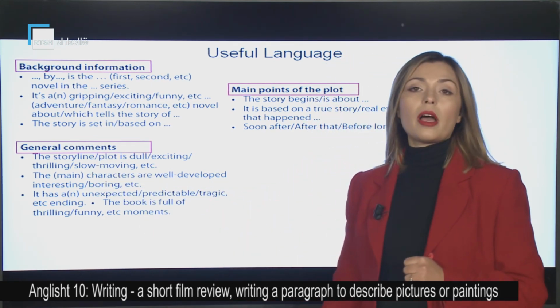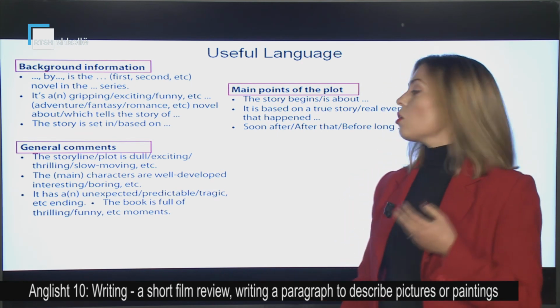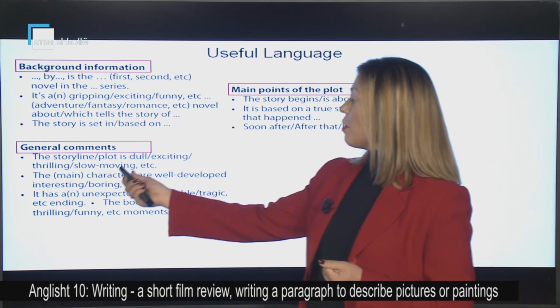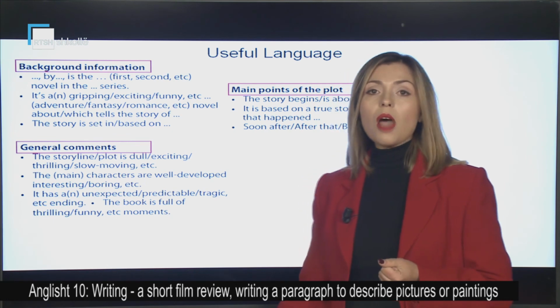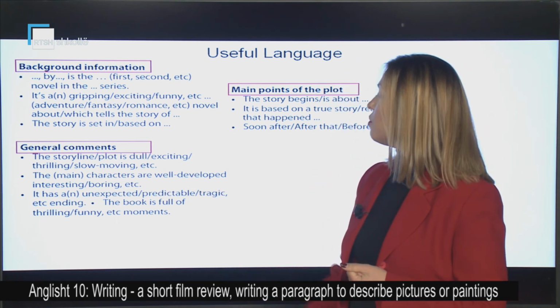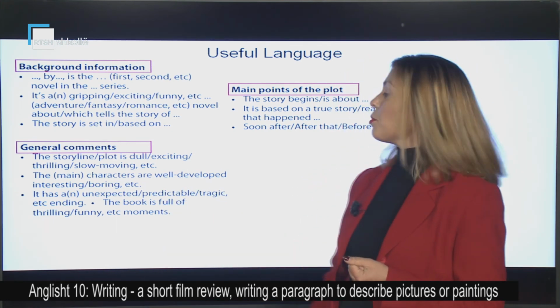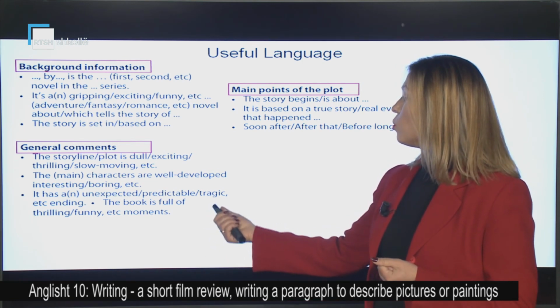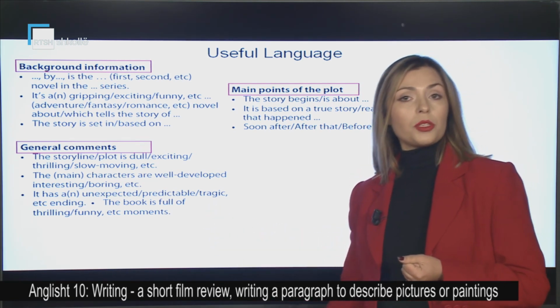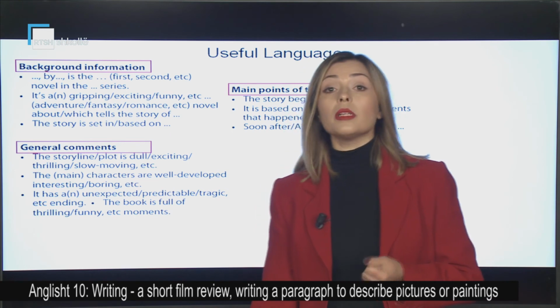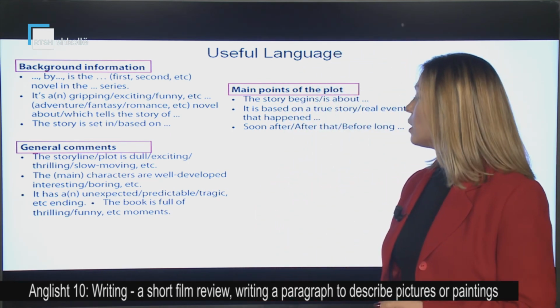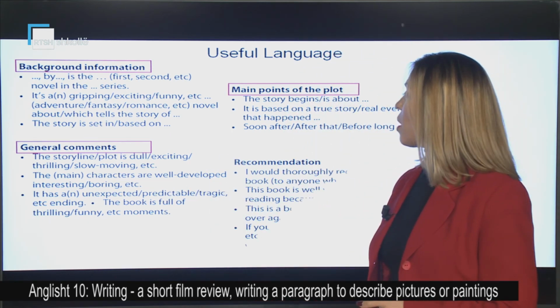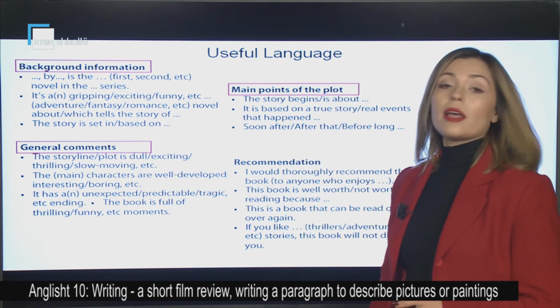So the storyline or the plot is interesting or dull. Then we continue with the characters. How are the characters? They are well developed, or interesting, or boring. And what about the ending? Is it predictable? Is it unpredictable? Is it tragic? We finish with the third paragraph and the general comments.